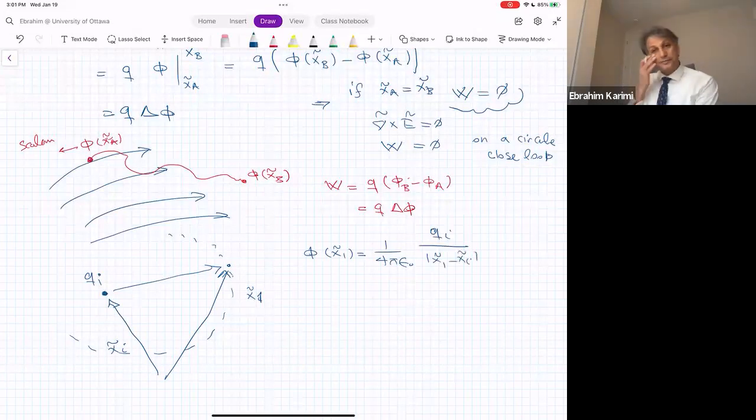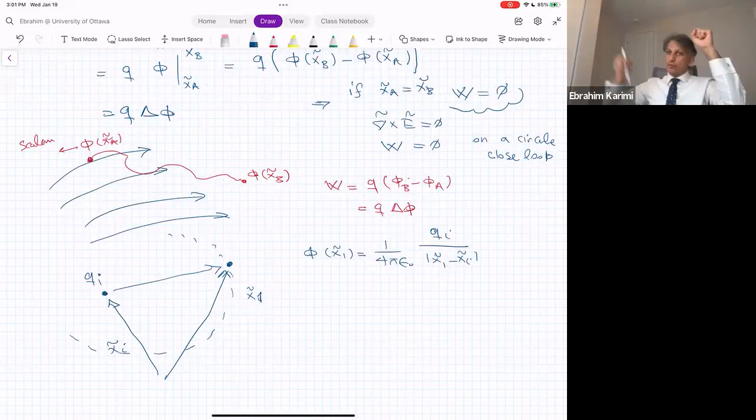Do you agree with that? That's the potential at the position of this place. So I have a point charge, and I'm looking at the potential in the space around it. Clear?